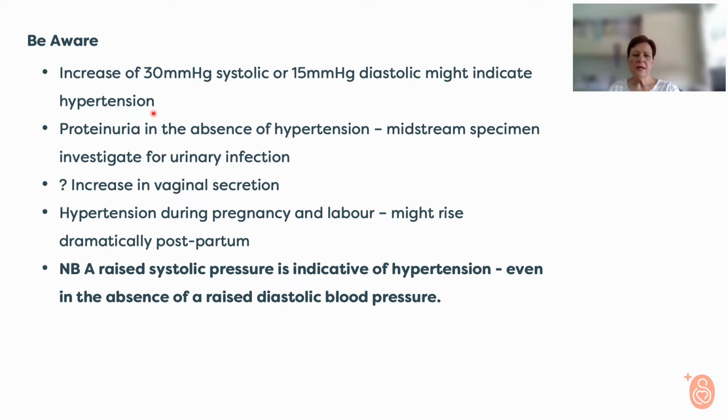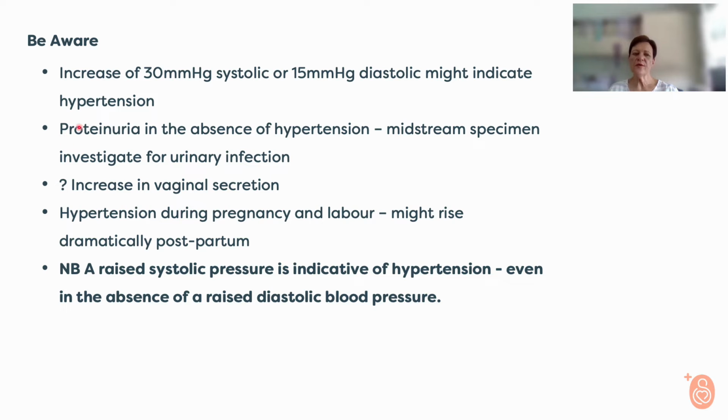Then proteinuria is always very important for us in relation to hypertension, and we will come to that more definitely when we talk about preeclampsia. But proteinuria should not be ignored when there's no hypertension.